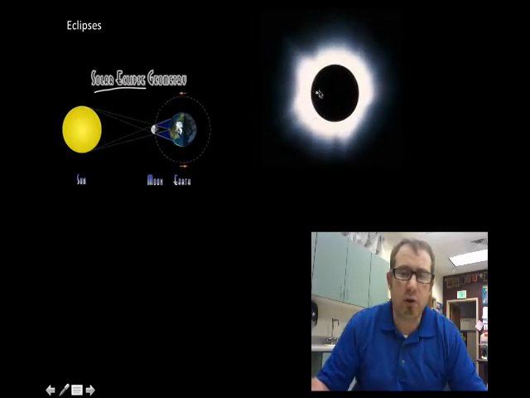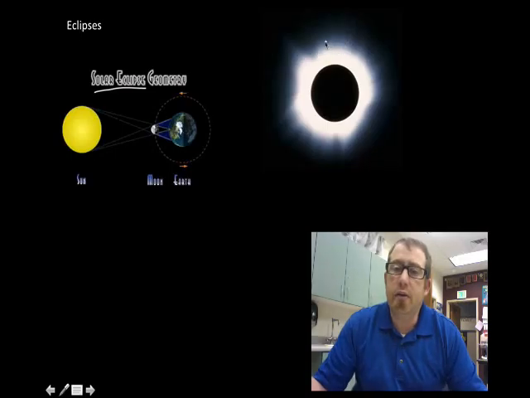Solar eclipses can be very, very beautiful. This is a picture of a solar eclipse, where the moon is blocking out the sun, and all you can see is the corona. Here we have the moon blocking out the sun, and you could ask yourself, what phase was the moon when it caused this solar eclipse?